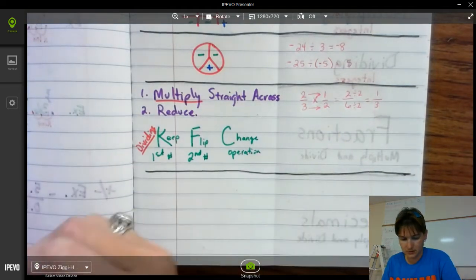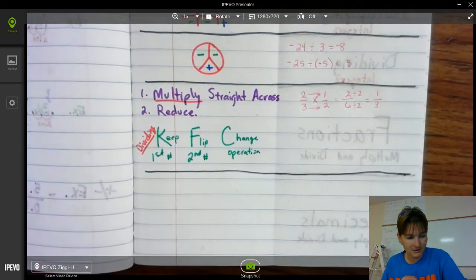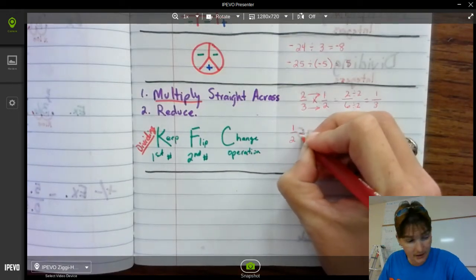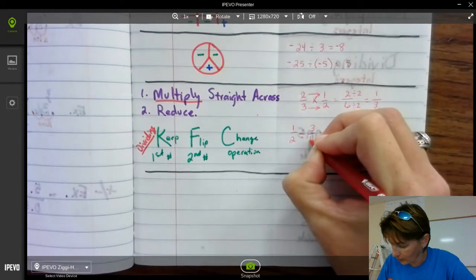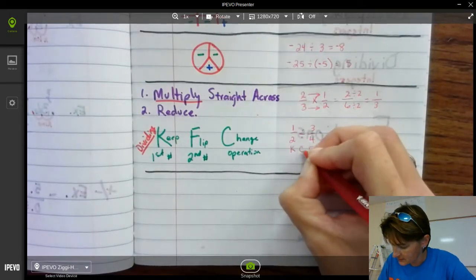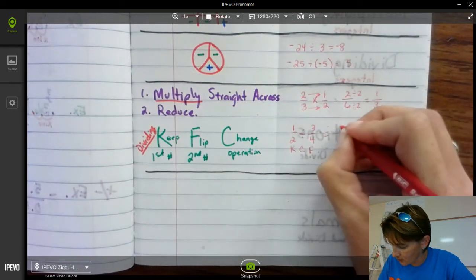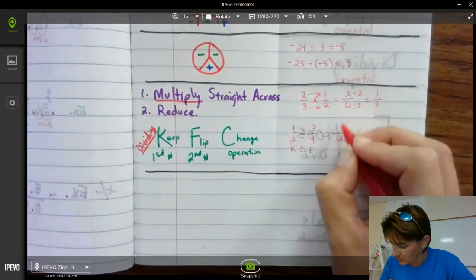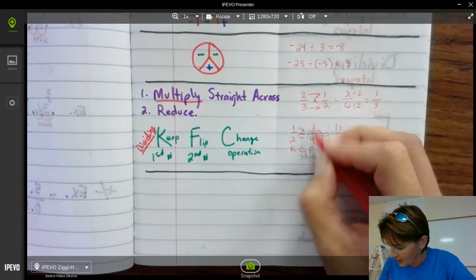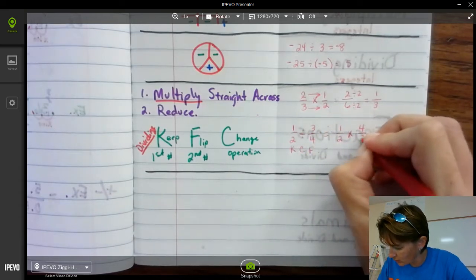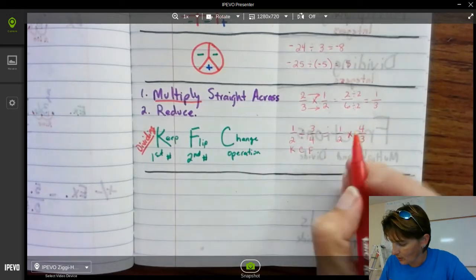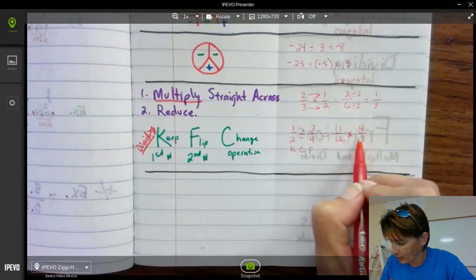Okay? An example for that is if we have 1/2 divided by 3/4, we need to do our KFC. So this looks like 1/2, which is keeping the first fraction. We're going to change the operation to multiplication, and then we're going to flip the second fraction to 4/3. I said this was called the reciprocal. Our new problem is 1/2 times 4/3.